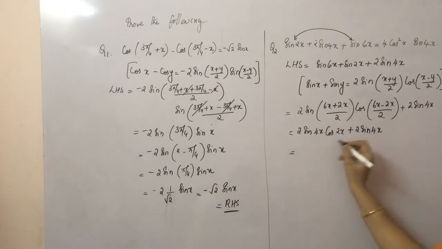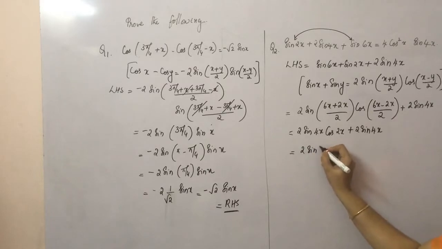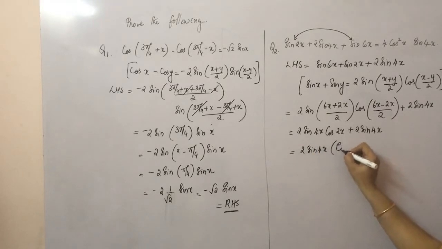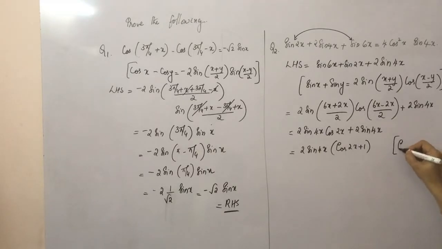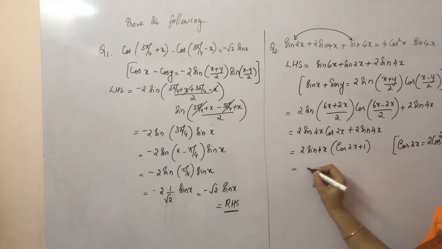I may take 2 sin 4x common out. What do I get? cos 2x + 1. Now again I know that cos 2x is equal to 2cos²x − 1.